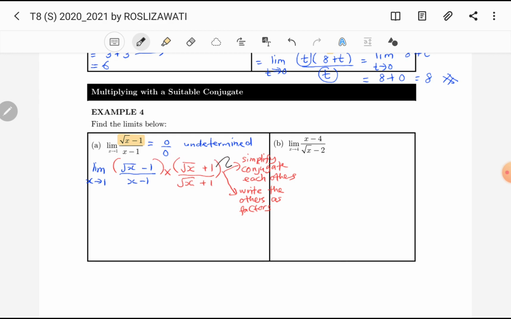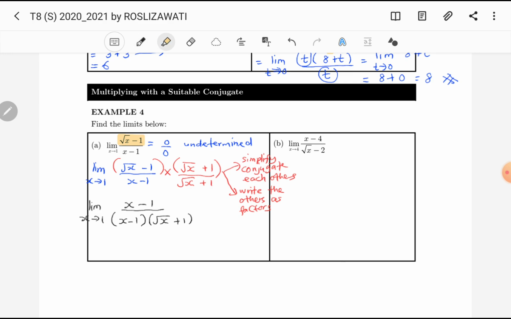Okay, so for this one, conjugate each other bahagian atas. Bahagian atas yang conjugate each other. So, saya akan expand yang atas sahaja. So, saya akan dapat x minus 1 divide by x minus 1. Yang bawah jangan expand. And times root x plus 1.